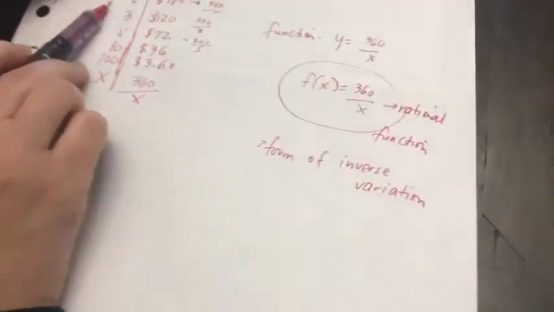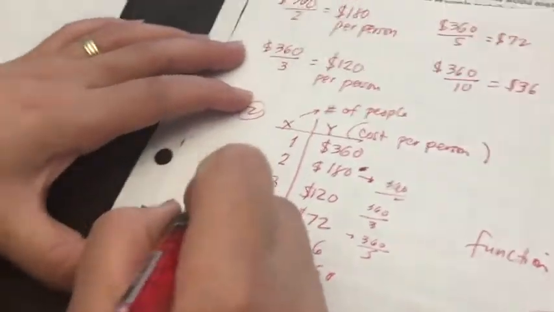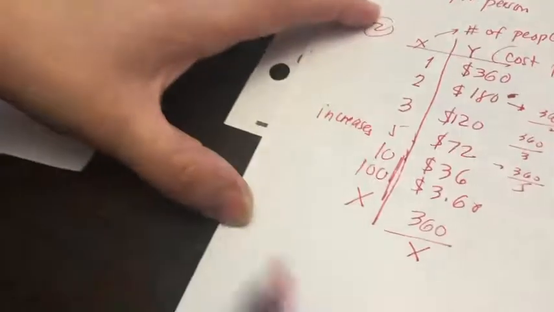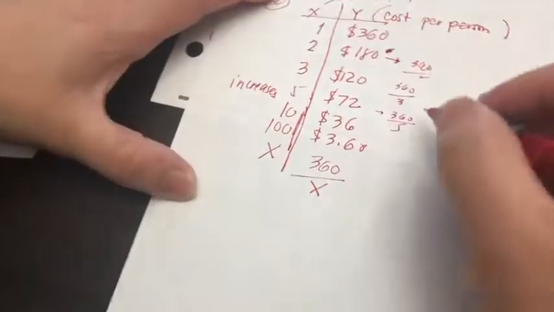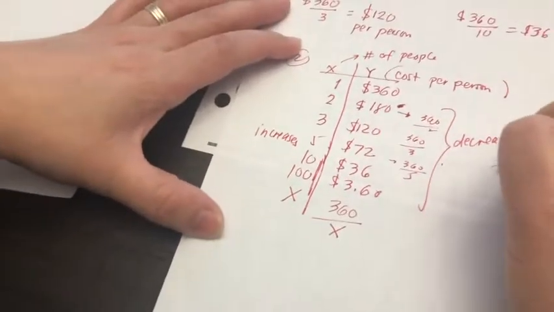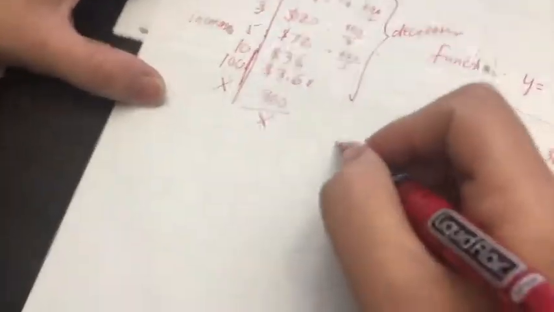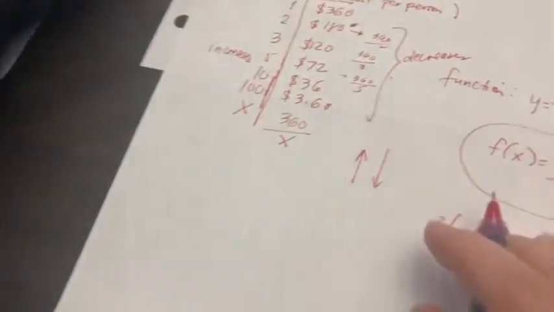If you take a look at the number of people here, as the number of people increases, what's happening with the amount or cost? The amount decreases, right? So if one is up, the other is down. Inverse.